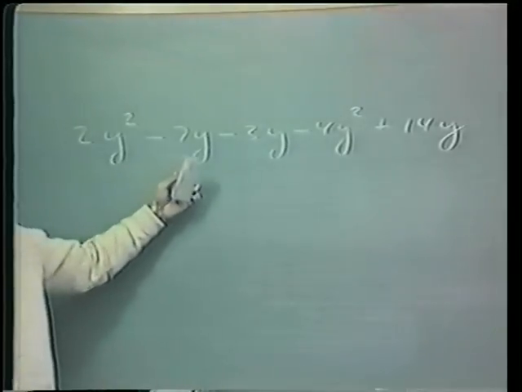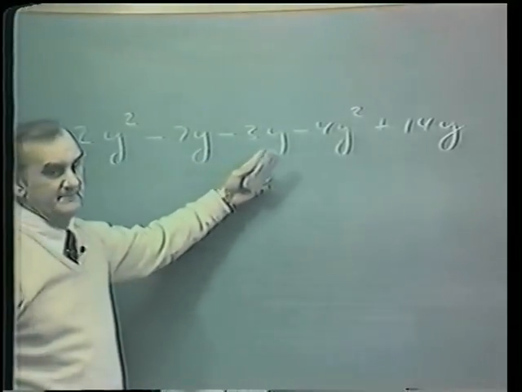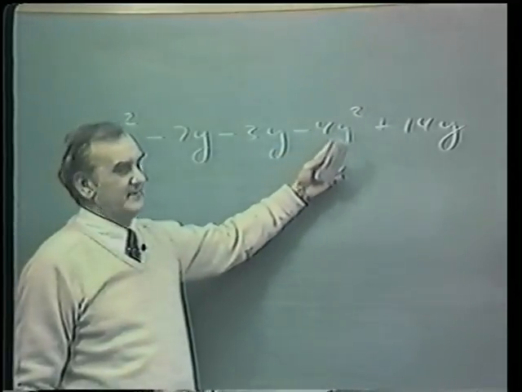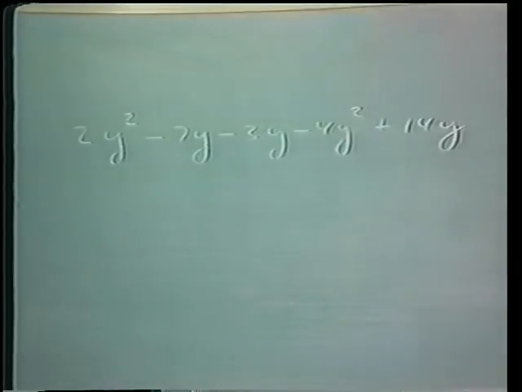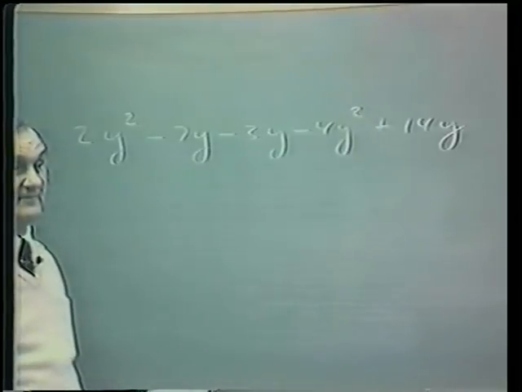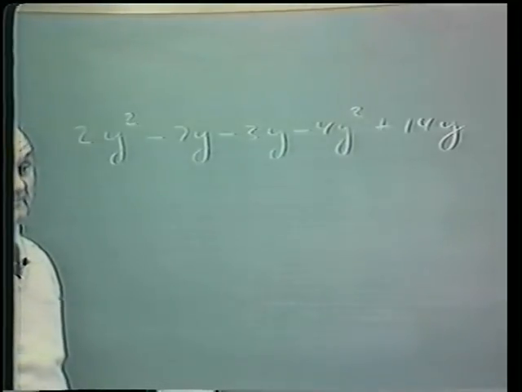Okay, what do we get for yes? Negative 2y squared plus 4y. Negative 2y squared plus 4y.